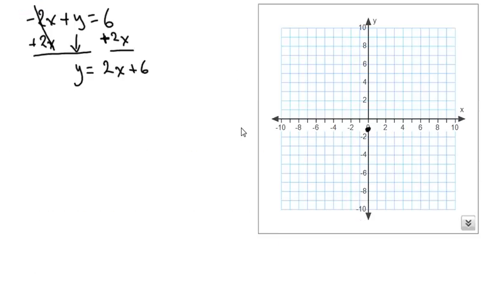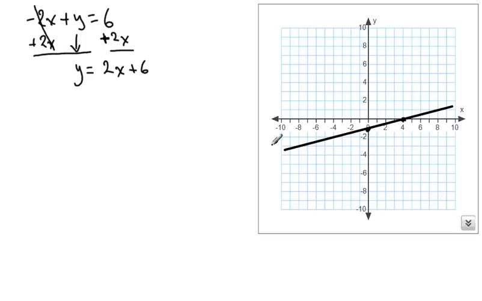That means we go up one space and 4 spaces to the right. Then I'm going to draw a line between those 2 points and extend that line a bit. There's our first equation.